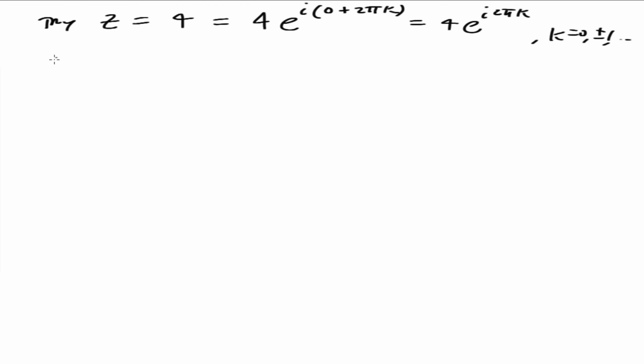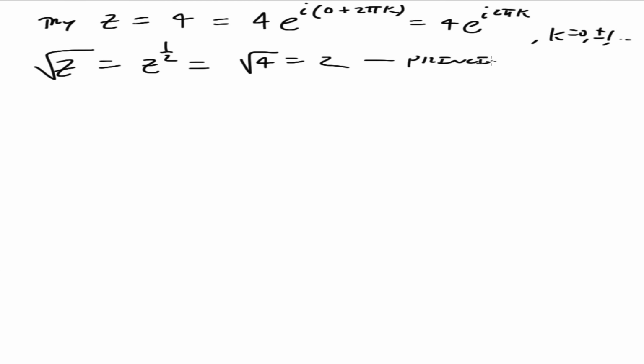All right, so now let's try doing something really simple, which is just take the square root. Okay, and we all know intuitively that the square root of 4 is, of course, 2. But this doesn't jive. We would think that this is the principal root, but where's the other root?